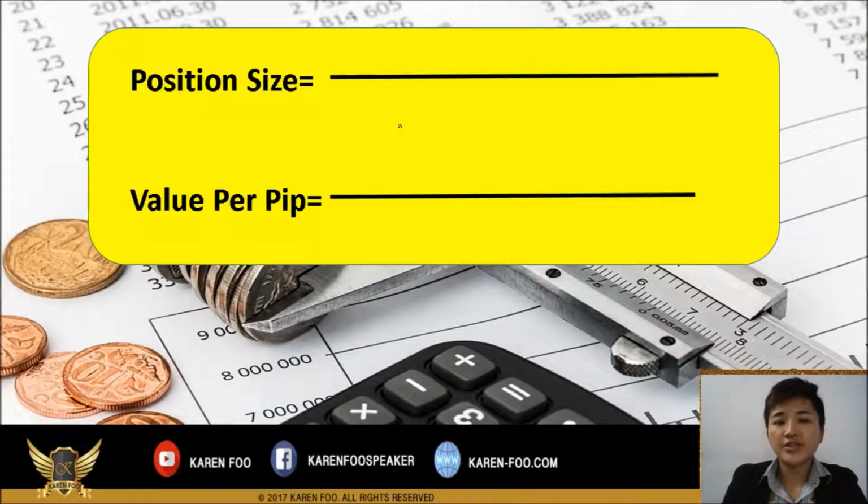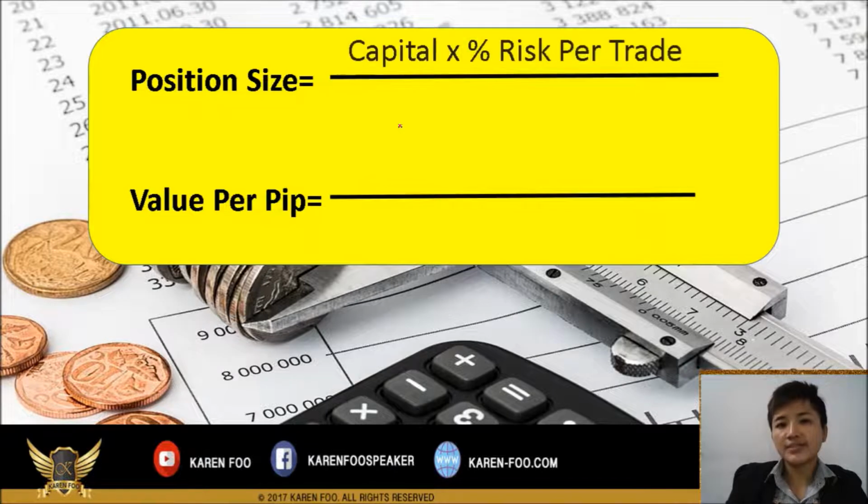So how do you calculate your position size? Of course, there are a lot of position size and lot size calculators on the internet that you can use. But if you want to double check whether you have calculated it correctly or whether the calculator gave you the right number, you can double check using this formula. So how do you calculate position size? You would have your capital times percentage risk per trade.